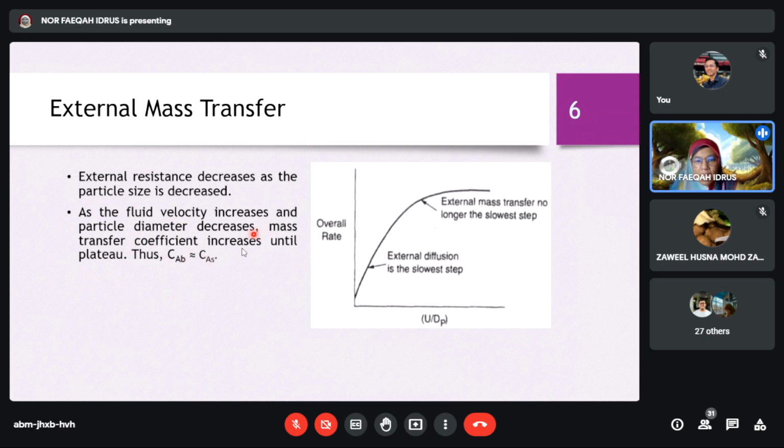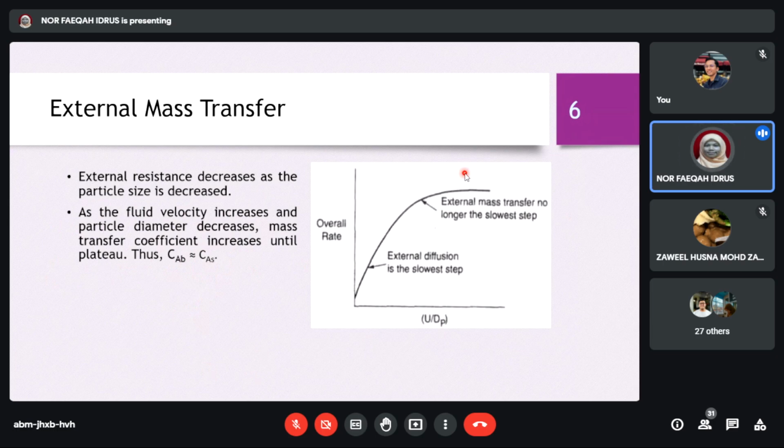Therefore at this situation the concentration gradient equals 0, di mana the concentration of reactant at the bulk fluid will be equivalent to the concentration of reactant at the surface of catalyst. So when the plateau is reached, it is a steady state, okay. But it depends on the fluid velocity and also the diameter of catalyst that we use in the reaction.